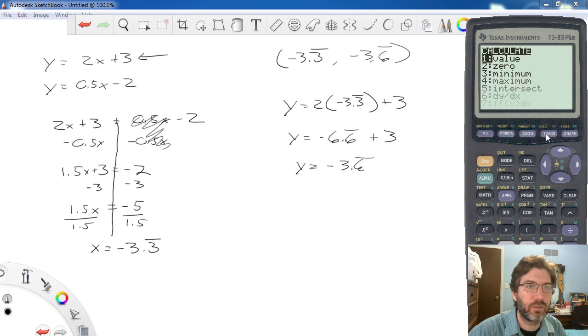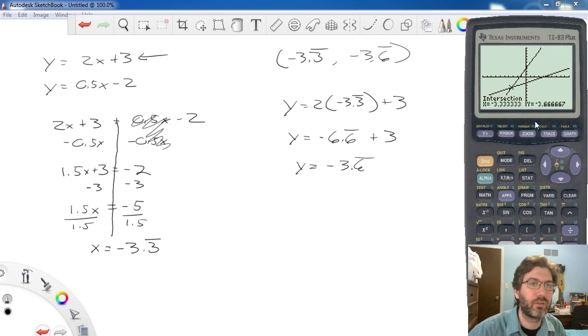It's looking like it's in the right area. Find the intersection between those two, take a guess, and there you are. You're getting your x as -3.3 repeating and y is -3.6 repeating. So that is a correct answer.